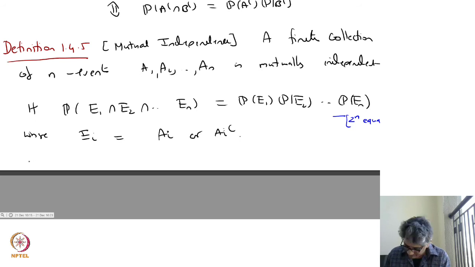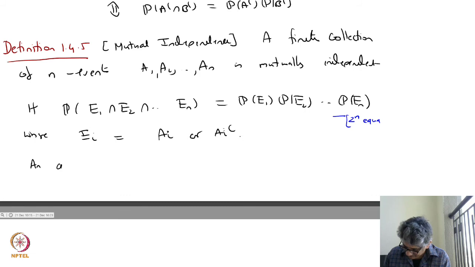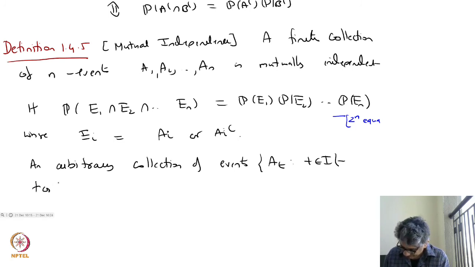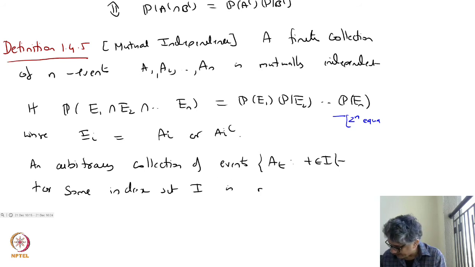Now we can also generalize a little bit. An arbitrary collection of events At, t in some index set I, is mutually independent.